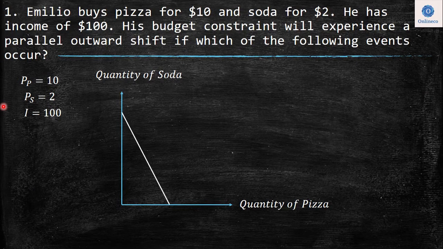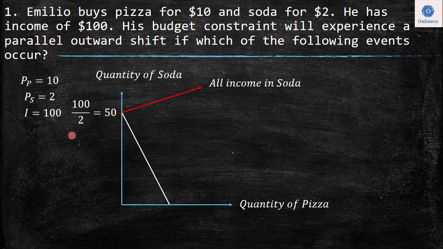The point where the budget constraint crosses the y-axis is the point where you spend all income on the good located on the y-axis. In this case, soda. If we have $100 available and the price of soda is $2, it means that if you spend all your money on soda, you will get 50 units of soda at the end of the day.